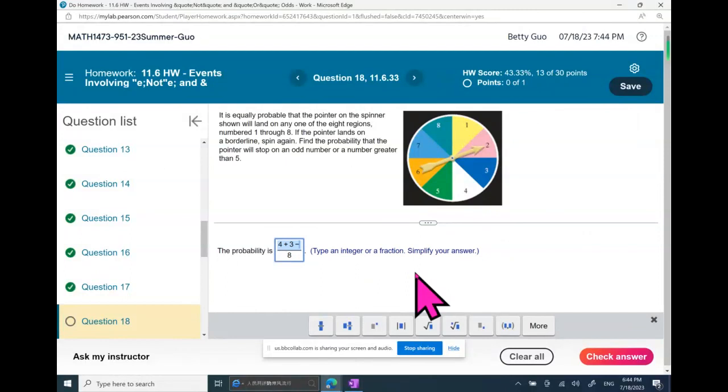And then minus the third number: among the 8 regions, how many are odd and bigger than 5? Start from 6. 6 is not odd. 8 is not odd. 7 is odd. So one number only favors both.